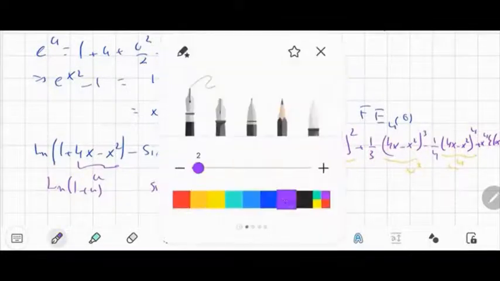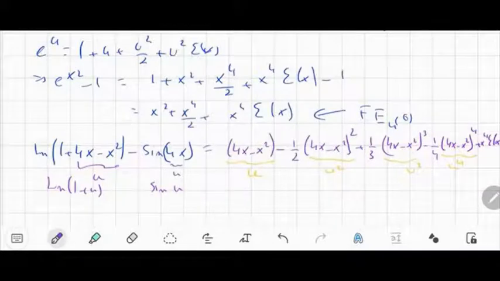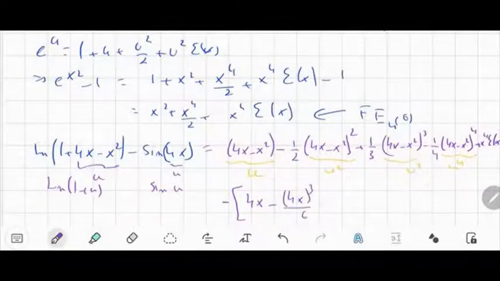And then for the sine u, you have minus sine u is equal to u, so it's 4x minus u to the power 3 over factorial 3, so it's 4x to the power 3 over 6, plus the term of order 4 is 0 because the coefficient is 0, so it's plus x⁴ epsilon of x.